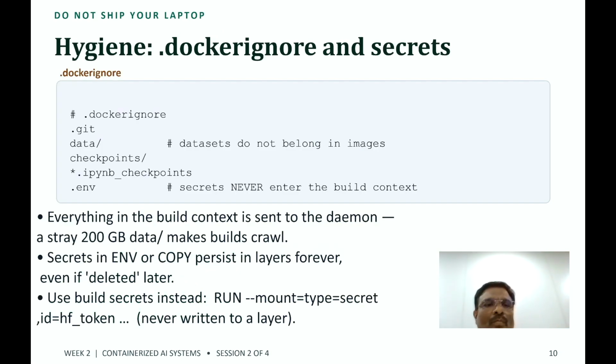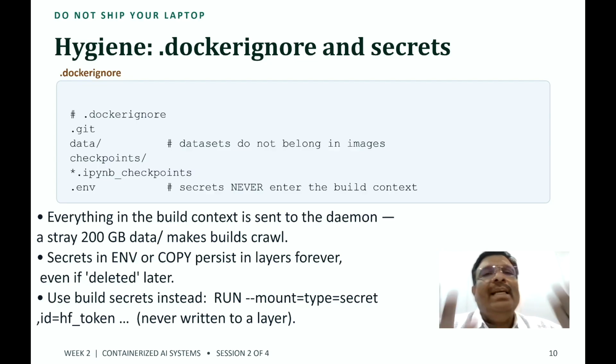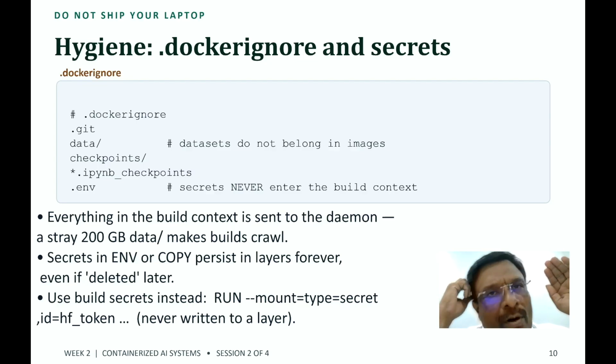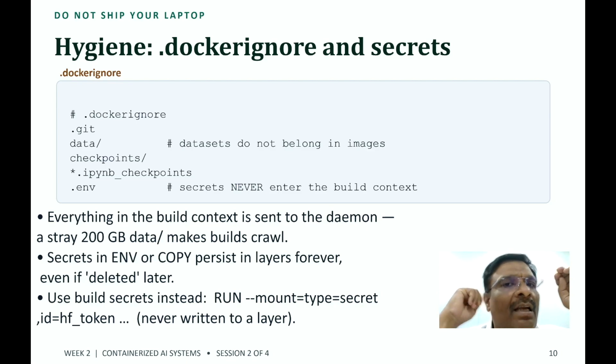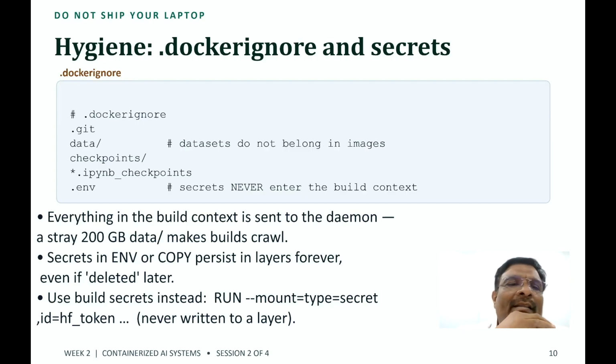And this is the basic idea of Docker ignore and certain things. I am talking about certain data sets which do not belong in the images, and certain build context such as the .env file.